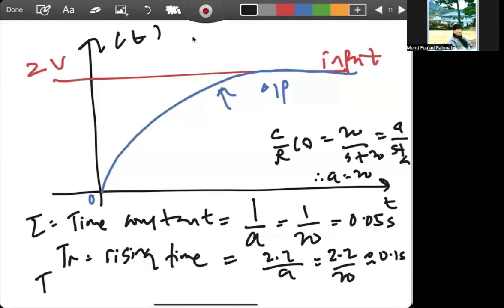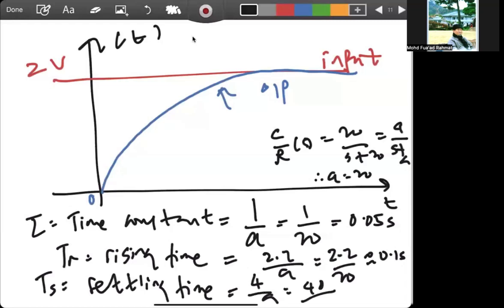And finally, the settling time is equal to 4 divided by a, which is 4 over 20, 0.2 seconds.